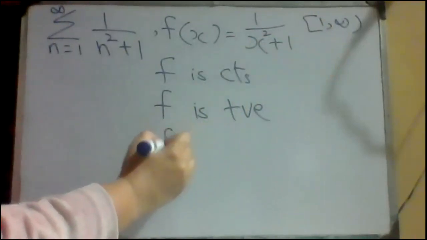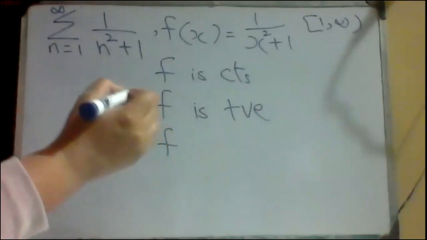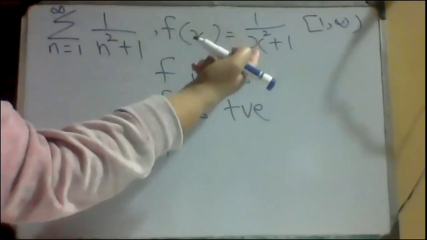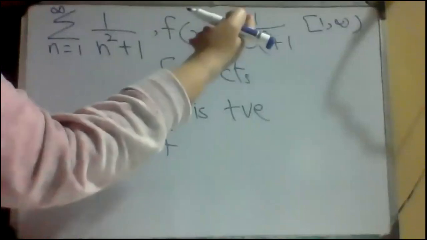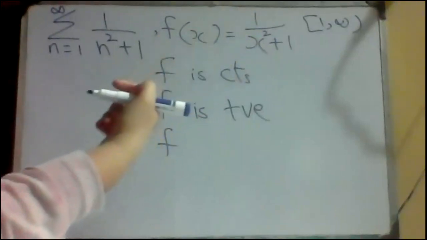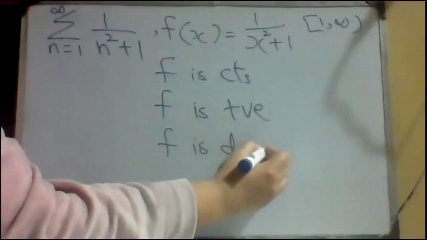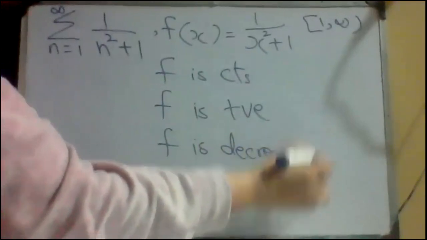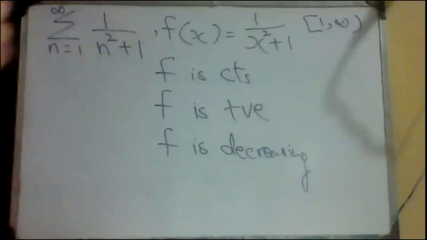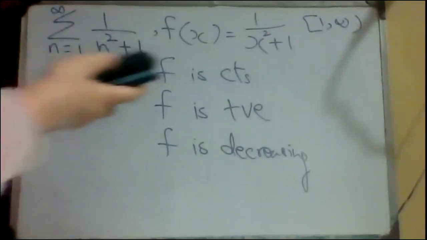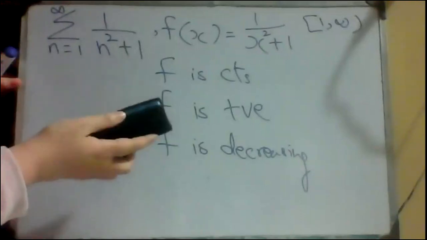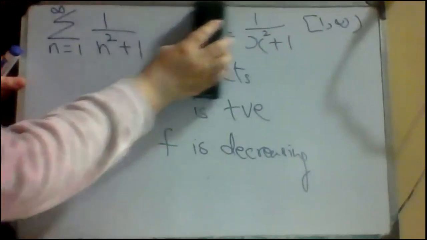And the third condition is f should be decreasing. Now when I increase x, f of x is the reciprocal of x squared plus 1, so f is a decreasing function on the interval 1 to infinity. Now I can apply my integral test, because f satisfies all the three conditions.